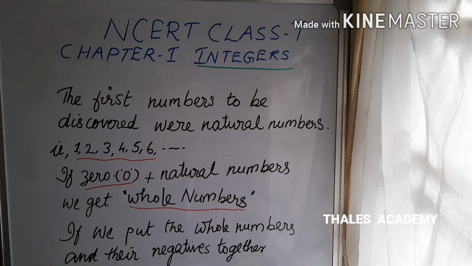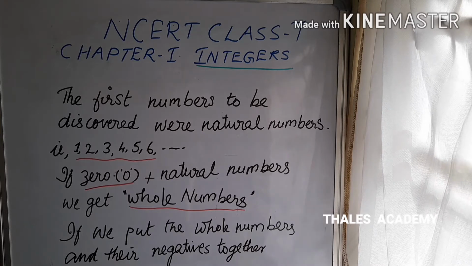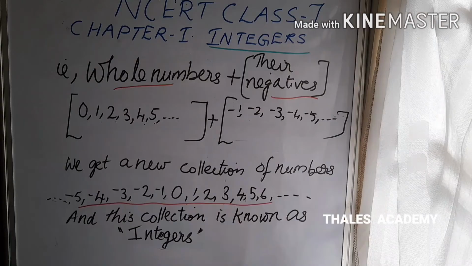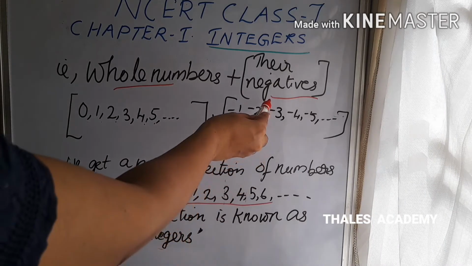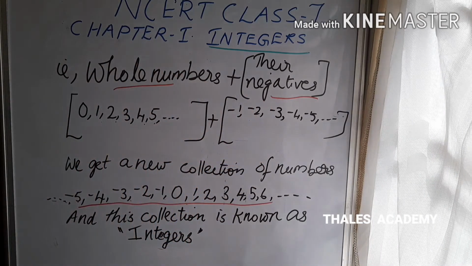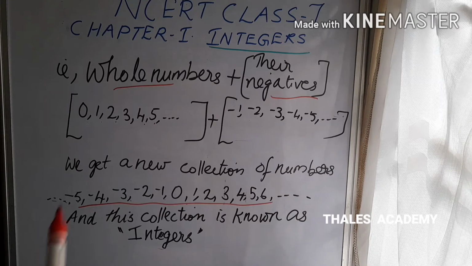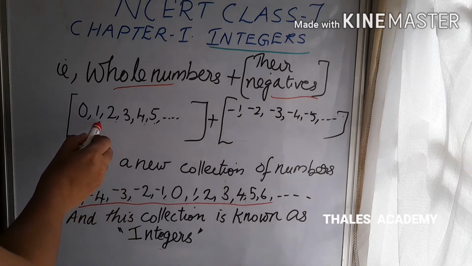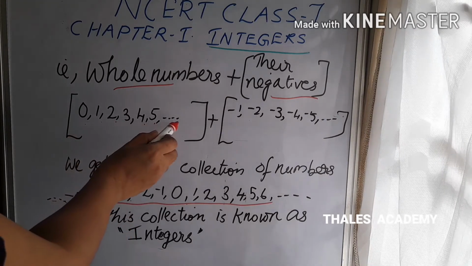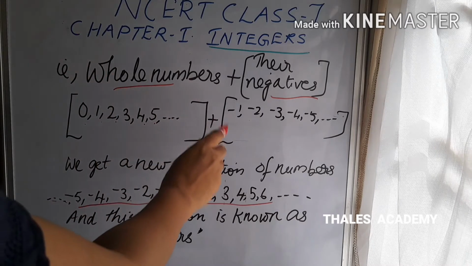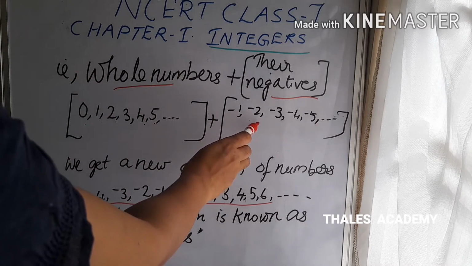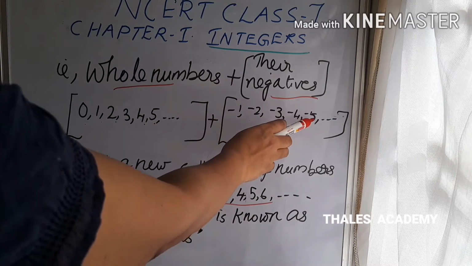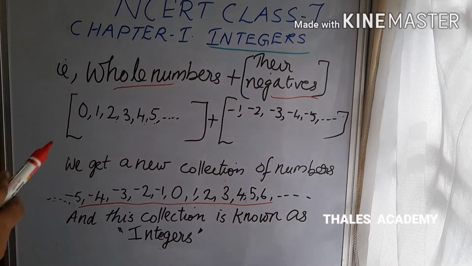If we put the whole numbers and their negatives together, we get a new collection of numbers. That is, the whole numbers 0, 1, 2, 3, 4, 5 up to infinity plus their negatives, minus 1, minus 2, minus 3, minus 4, minus 5 up to infinity.